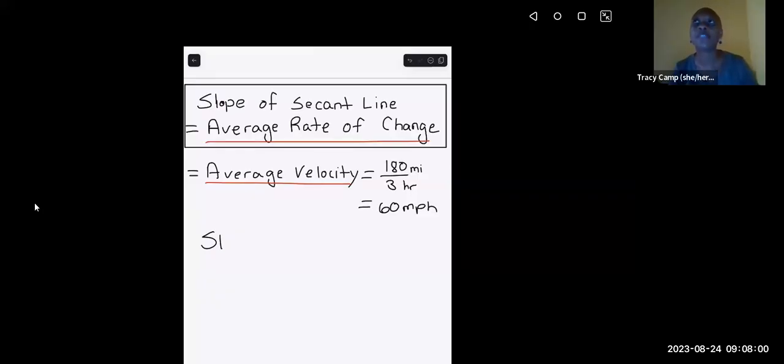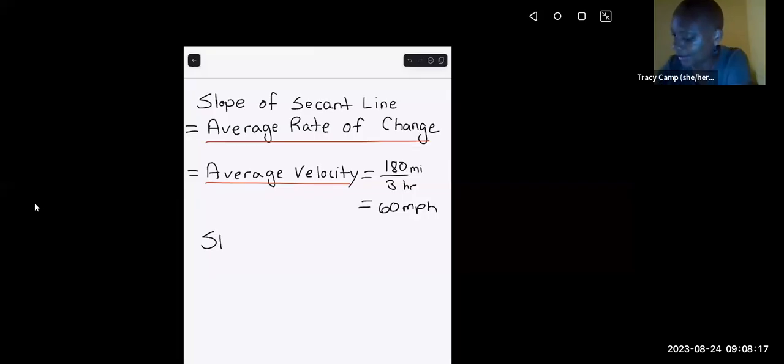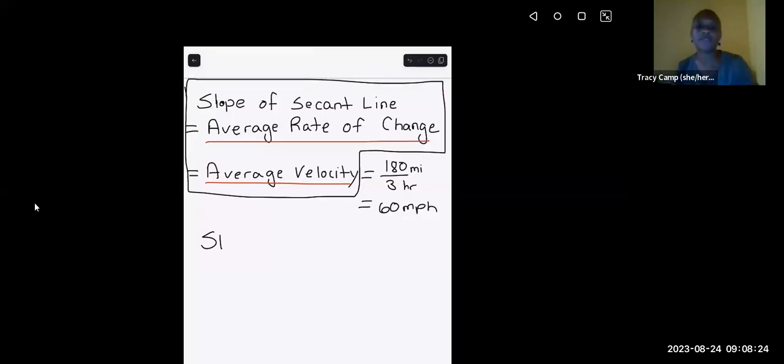A really common one that we think of to get an intuitive meaning is velocity. So I'm going to include average velocity as part of this. Slope of secant line, same thing as average rate of change, same thing as average velocity.